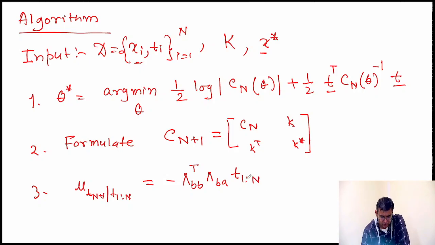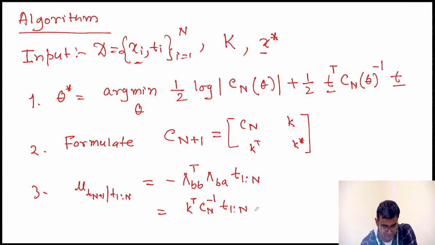This is okay, which is also equal to, now I'm giving you the final form, which proof I have not shown you, K transpose Cn inverse T 1 to n. So this is equal to this.